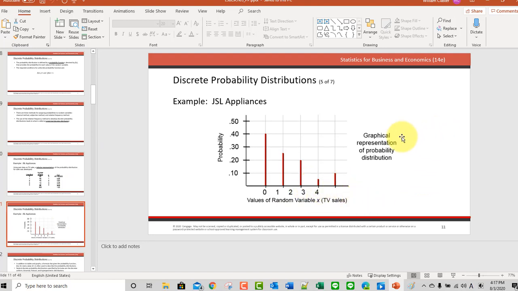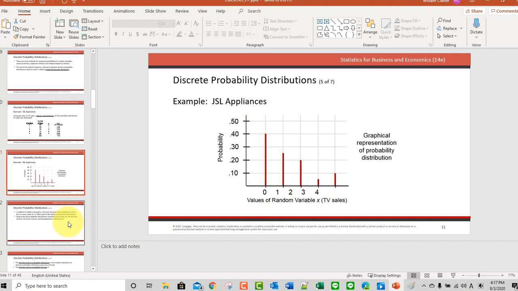Yeah, it doesn't look very good there, but you could do this kind of. So this is the probability distribution of how many TVs they're going to sell. This is a picture of that probability distribution.